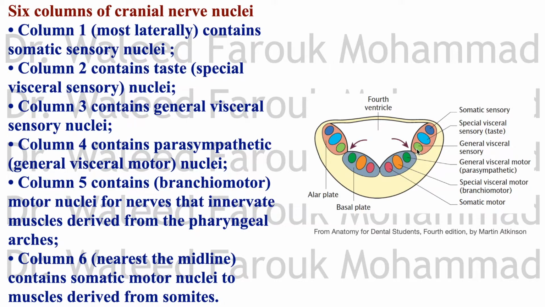See, the autonomic is in between the sensory and the motor. And then column 5, special visceral motor. These are for muscles of branchiomeric origin. And the somatic motor is the most medial column, and it carries motor impulses to muscles derived from somites.